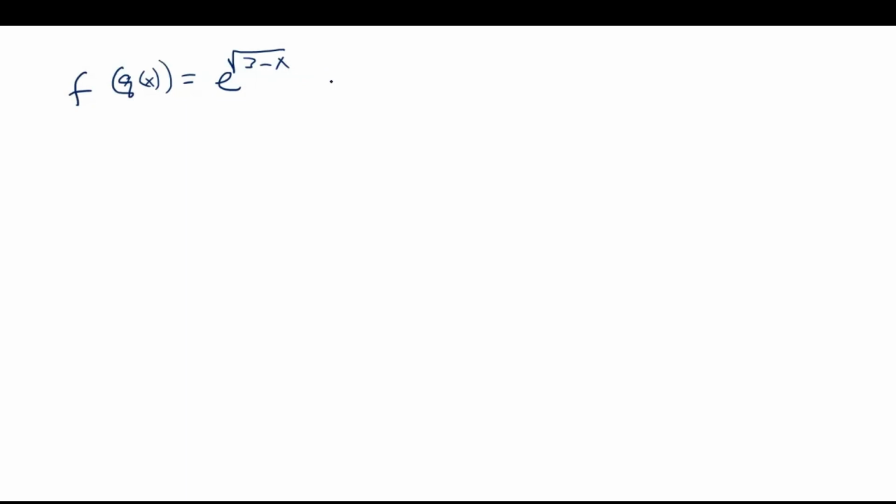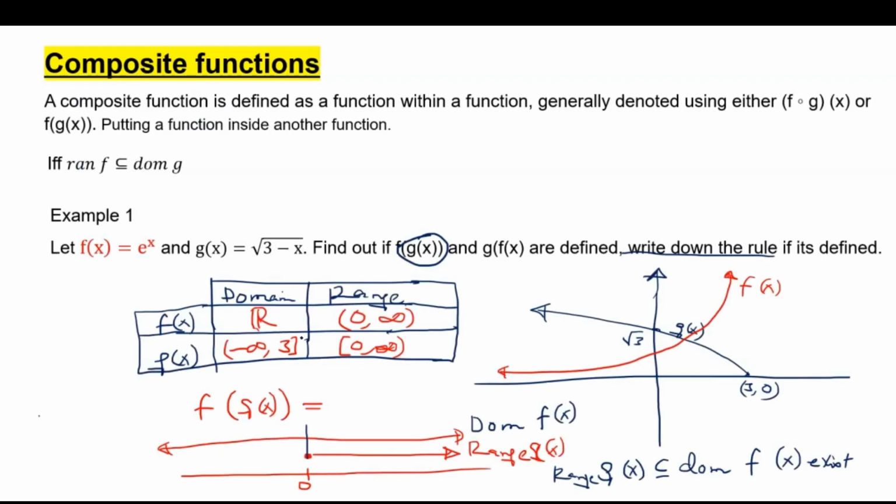So the next thing that we need to find out is if g of f of x does exist. And if you go back to our drawing, so this one is -3.